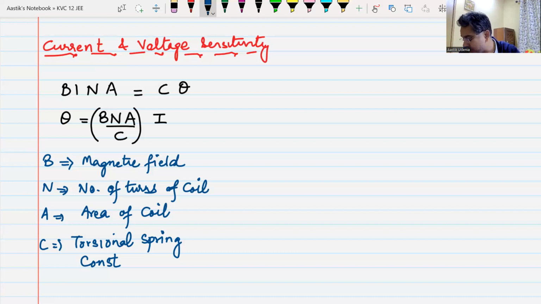So basically this theta, which is the deflection of the galvanometer, is proportional to I, because B, N, A and C are kept constant. This is just for you to understand, because I may be using them in the next scenario. Current sensitivity of a galvanometer, first listen to me, then you write.